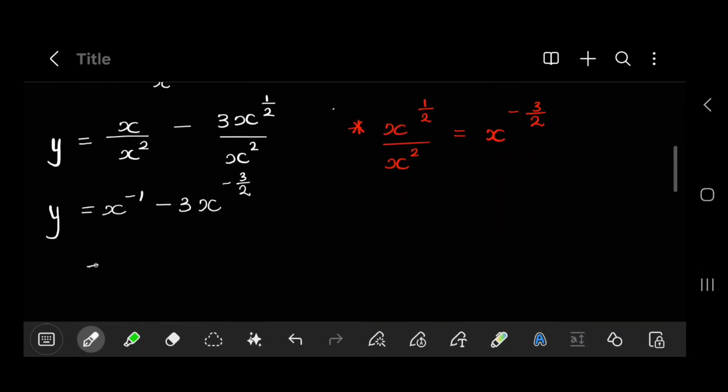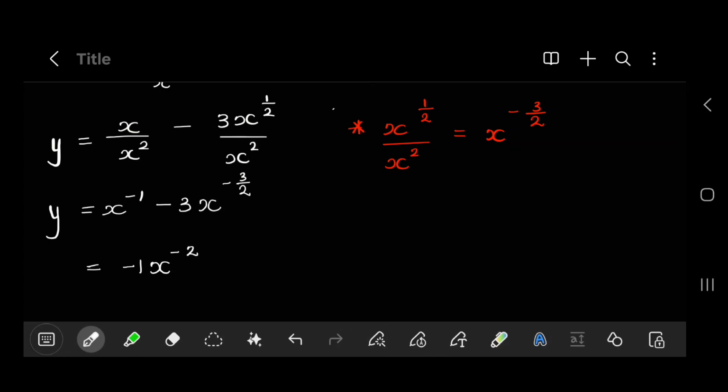So to differentiate the right-hand side, your coefficient of x in the first term is actually 1. So remember, it is the exponent multiplied by the coefficient. We have -1 times 1, which is -1, and we minus 1 from the exponent. So -1 minus 1 gives you -2.